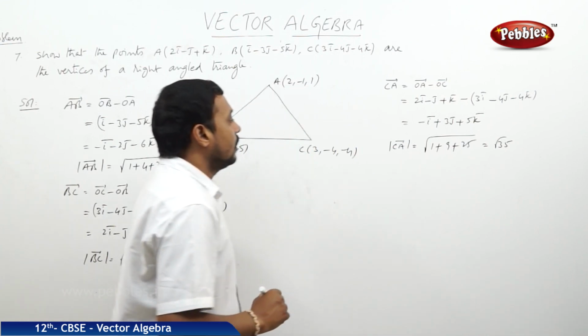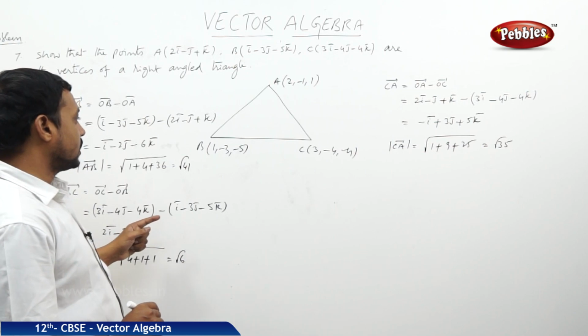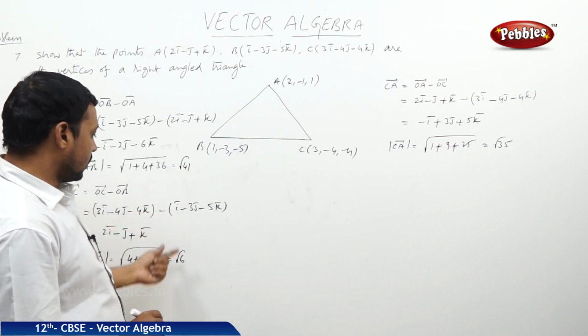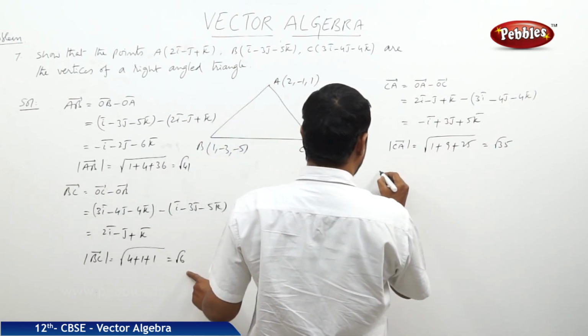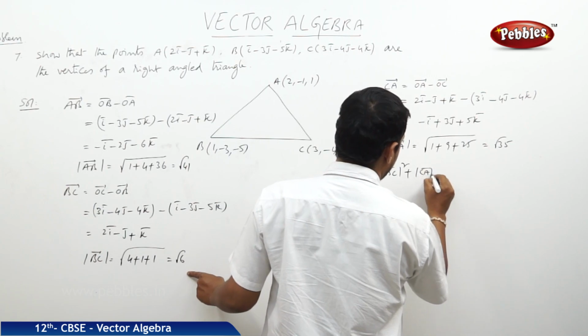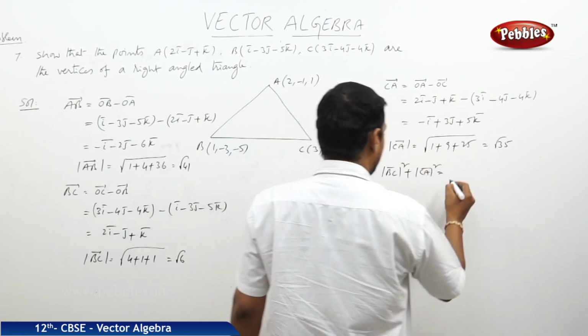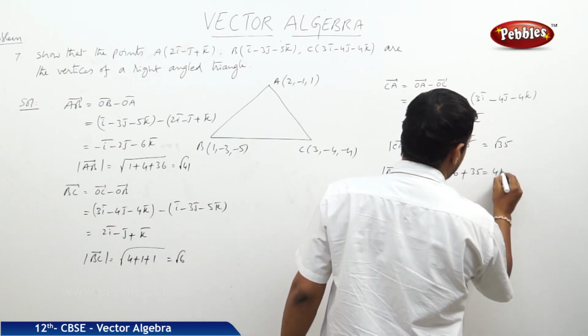Now see the magnitudes. After finding all these magnitudes: root 41, root 6, root 35. Now clearly it is known that modulus of BC square plus modulus of CA square is equal to root 6 whole square 6 plus 35, which is equal to 41.